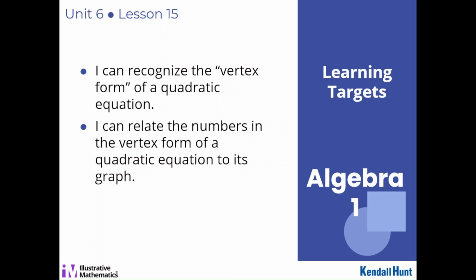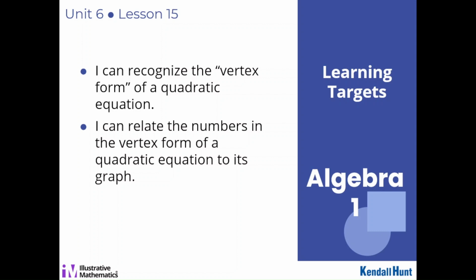Learning target number 2 says that you can relate the numbers in the vertex form of a quadratic equation to its graph. This means you understand that if a is positive, the parabola opens upward. If a is negative, the parabola opens downward.